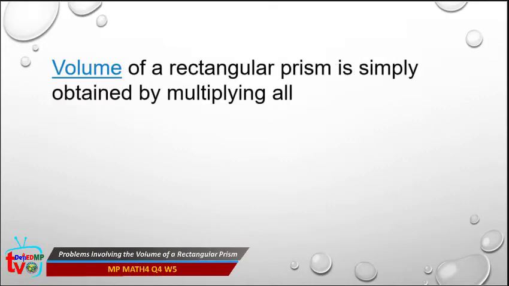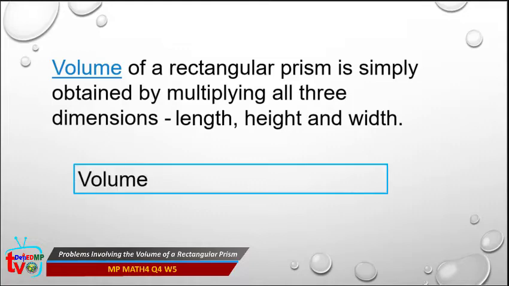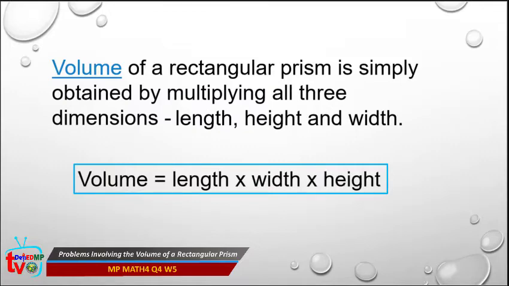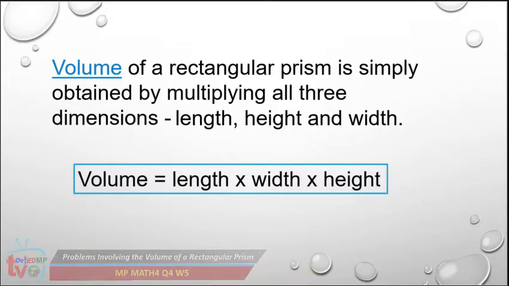Volume of a rectangular prism is simply obtained by multiplying all three dimensions: length, height, and width. Or, simply put, volume is equal to length times width times height. Have you ever heard of the term 3D? I guess you already know where it's from.